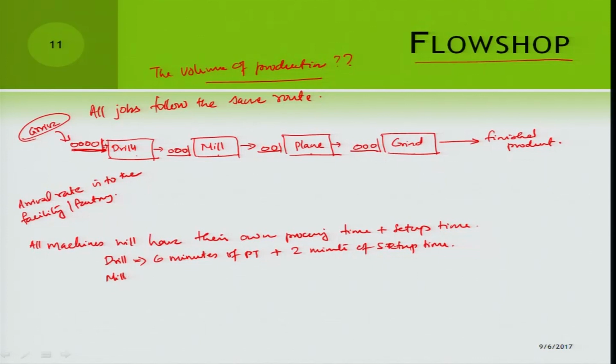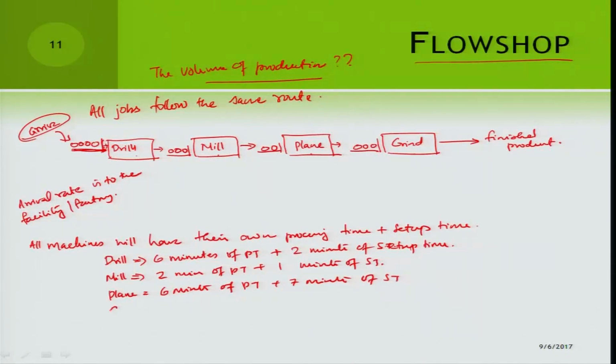For mill, it could be 2 minutes of PT plus 1 minute of ST. Plane can be 6 minutes of PT plus 7 minutes of ST, and then grind can be 20 minutes of processing time plus 8 minutes of setup time, something like this.